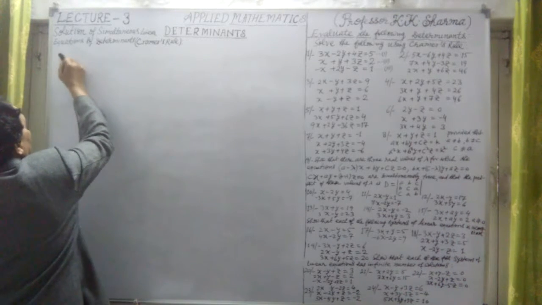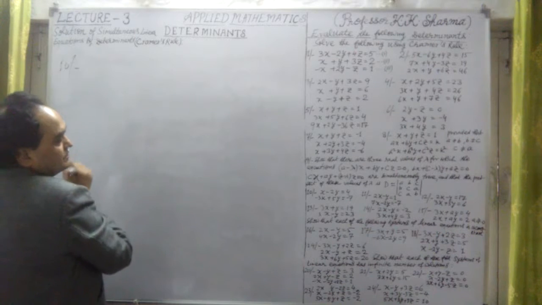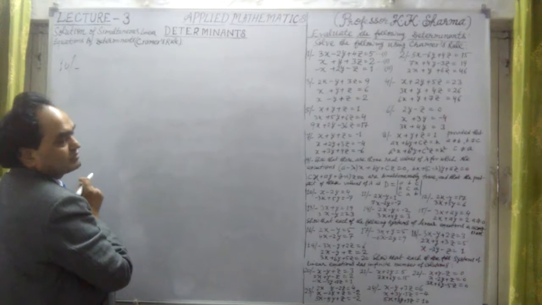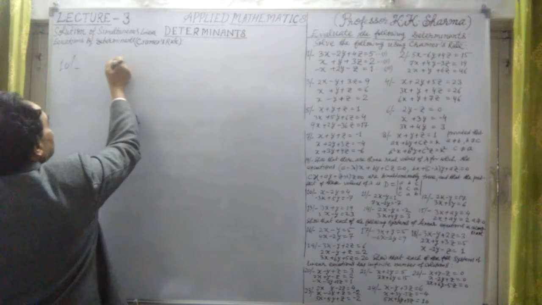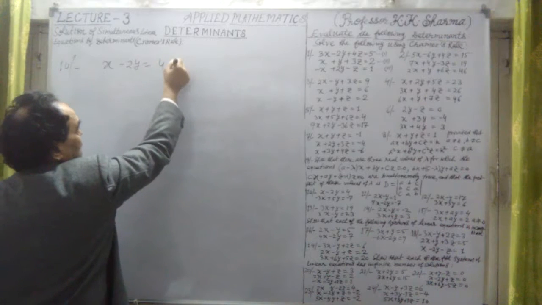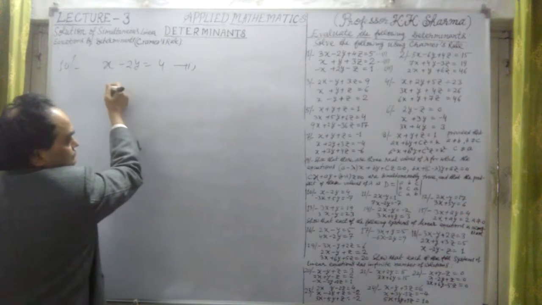Question number 10 now. Again we are solving these equations by Cramer's rule, determinants value. The first equation is x minus 2y is equal to 4. This is equation number 1.